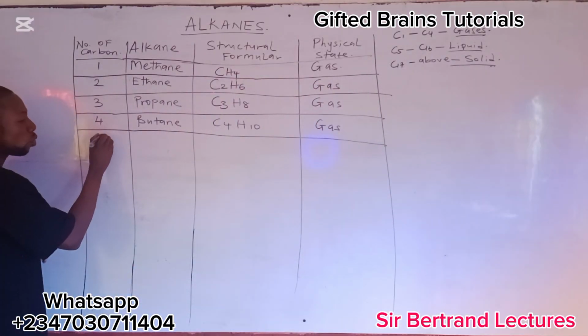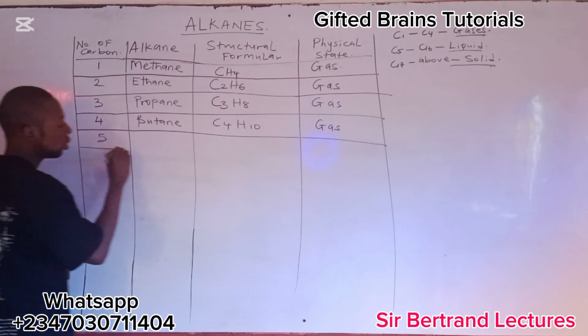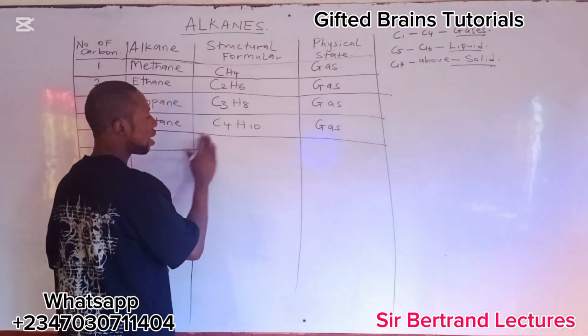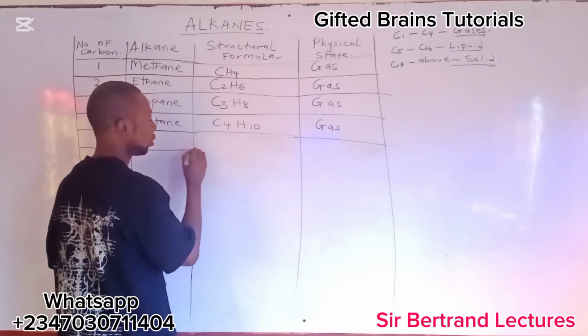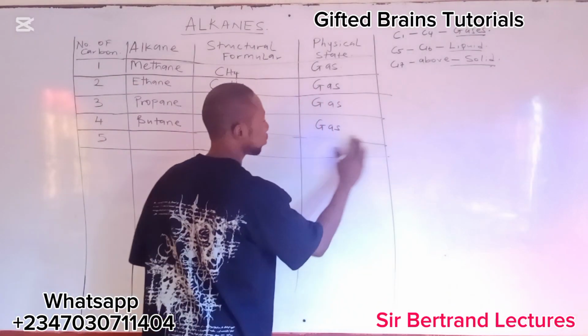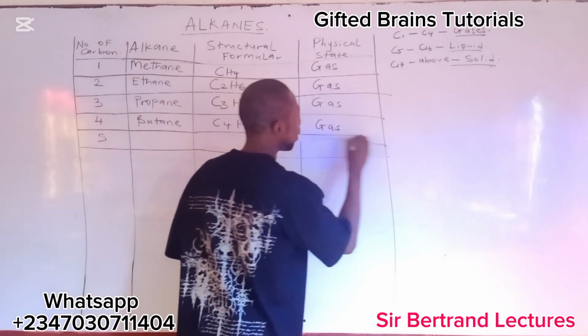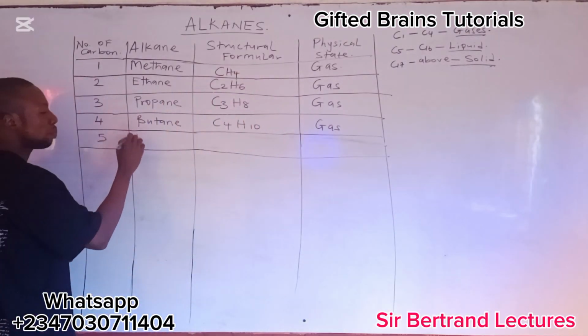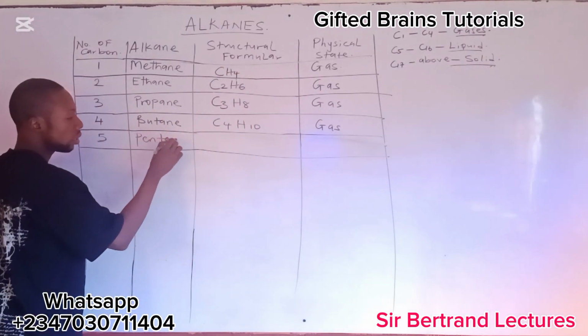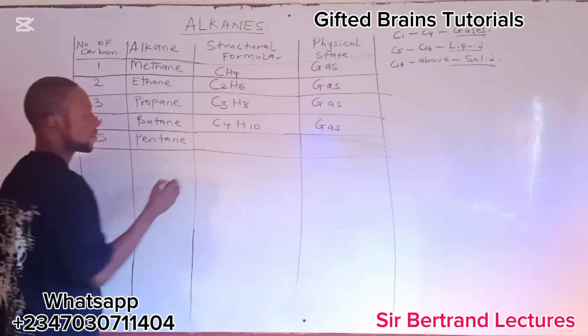An alkane with 5 carbon atoms is known as pentane. Pent means 5.